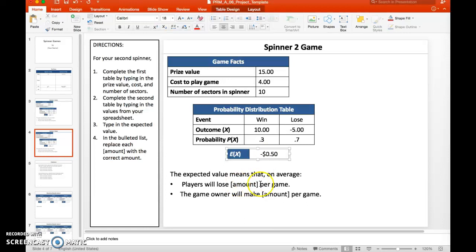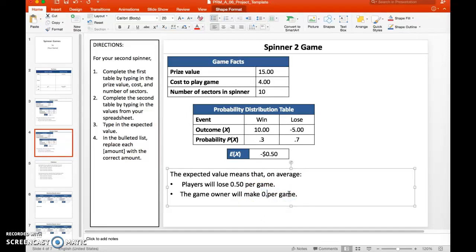So again, change the amounts to 50 cents. Not a big deal. 0.50. Okay. Done with those two.